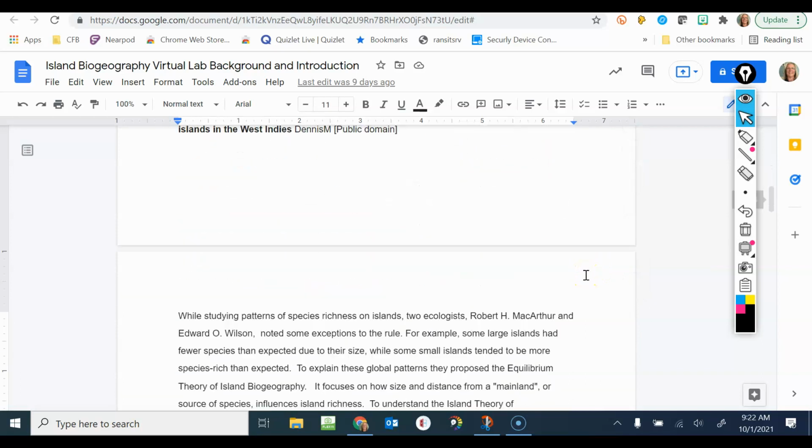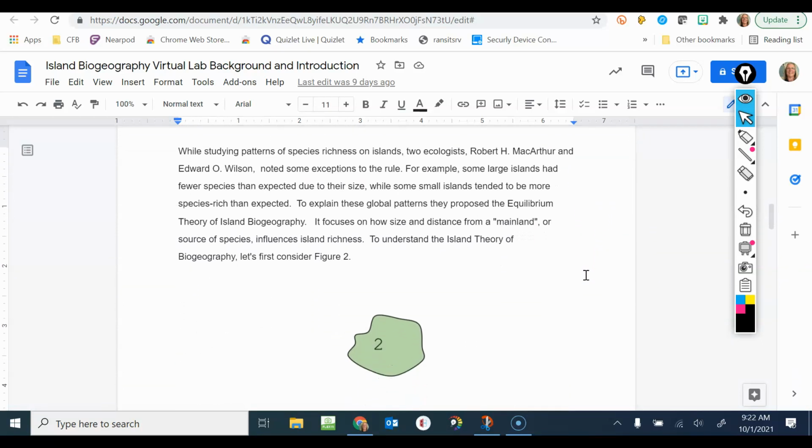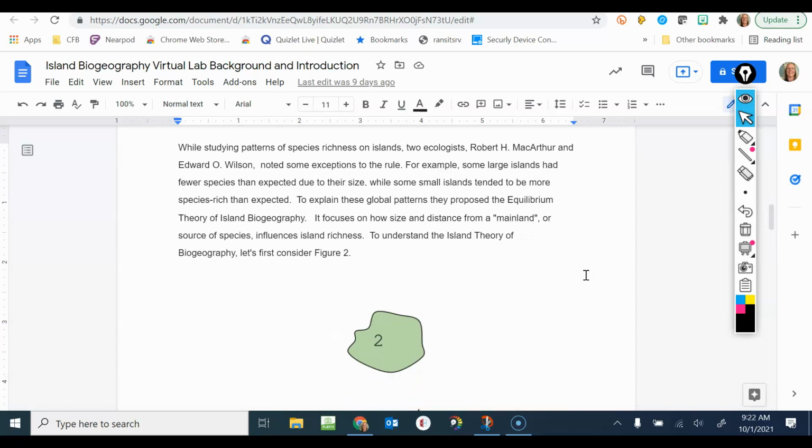So when they started to look at patterns of richness of islands, what the scientists figured out is that some large islands had fewer species than expected if you just look at their size. Some small islands tended to be more species rich, and they had to come up with an idea of, well, why did that happen?